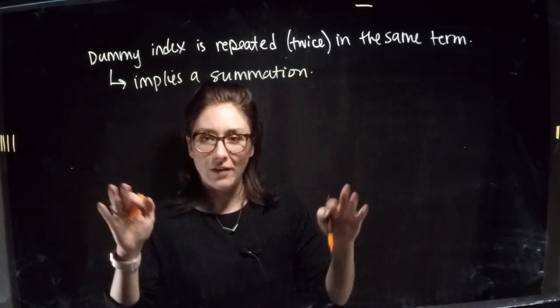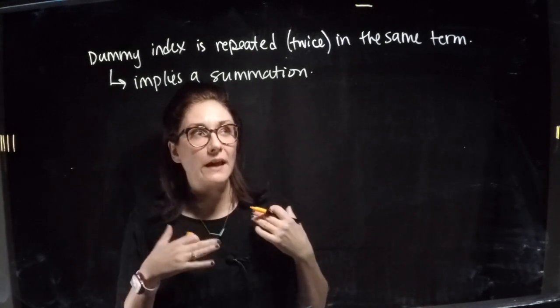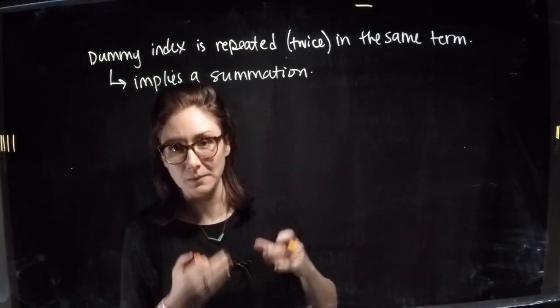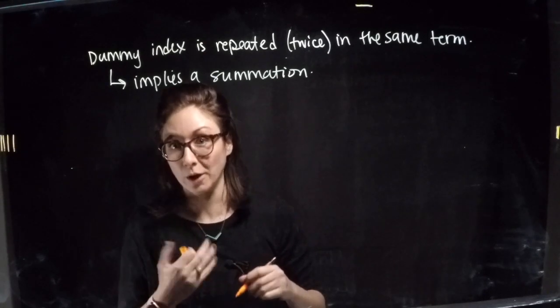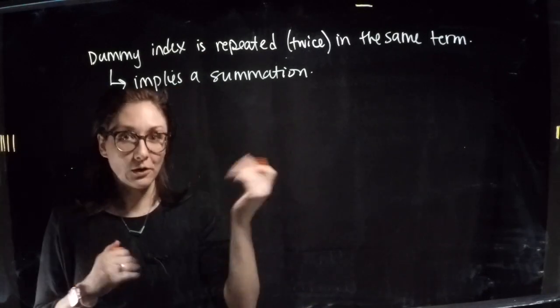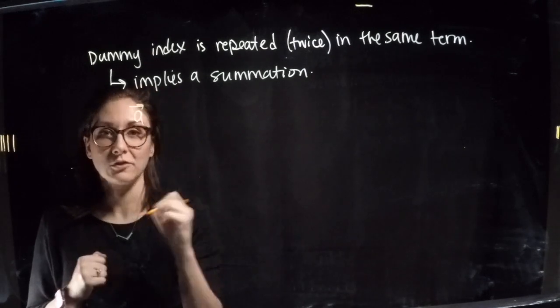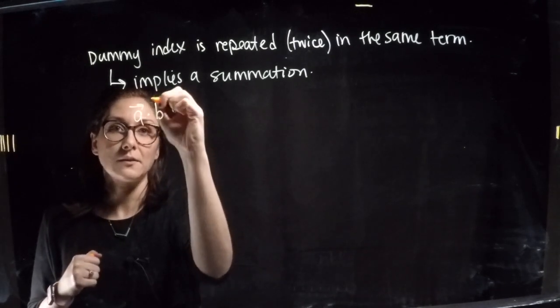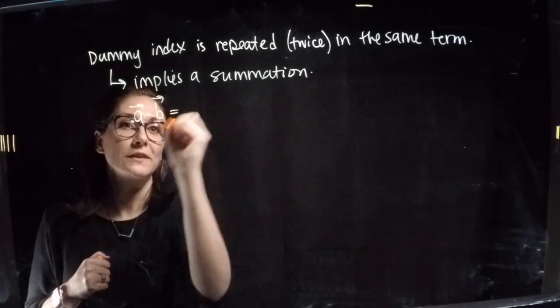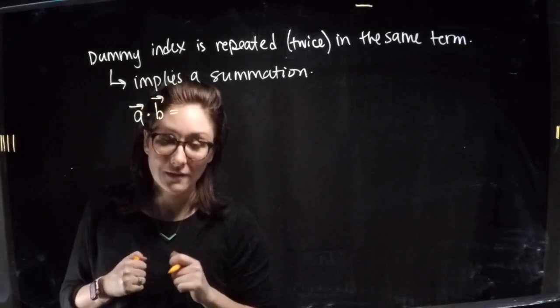And this is all kind of abstract. So I think the best and simplest illustration of how dummy indices work is if we look at the dot product. So if we go to our normal vector notation that we're all comfortable with using, if we have A dotted with B, we know that this is going to give us a scalar, right?